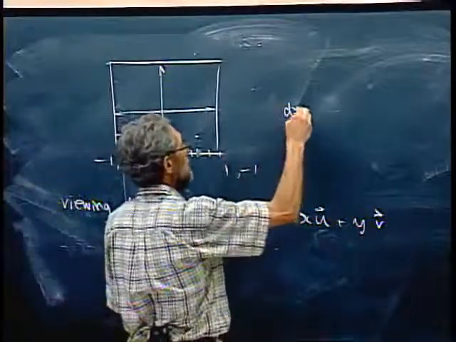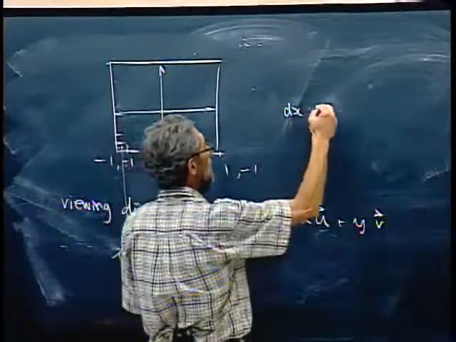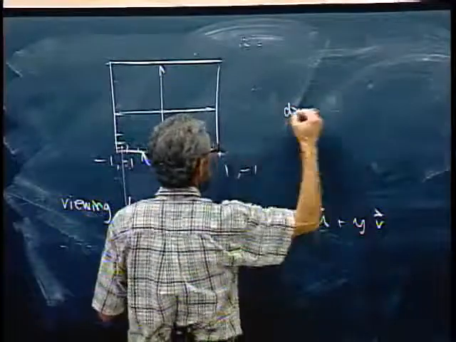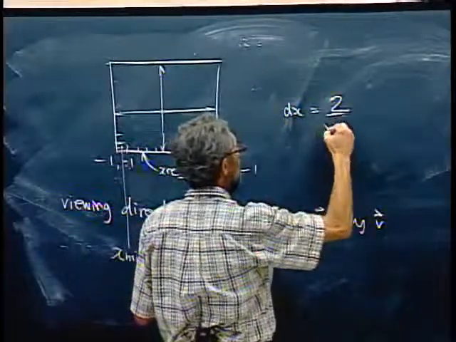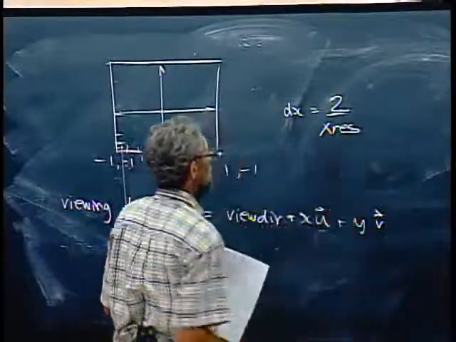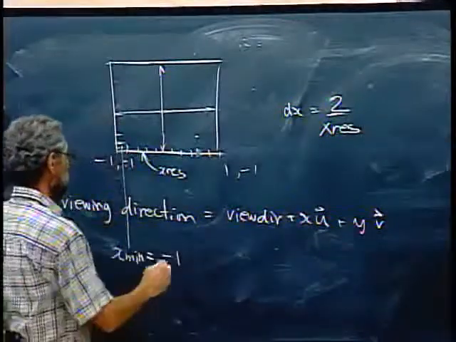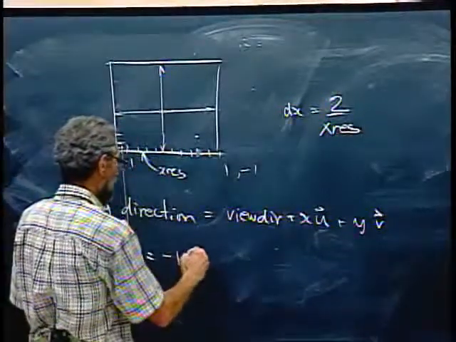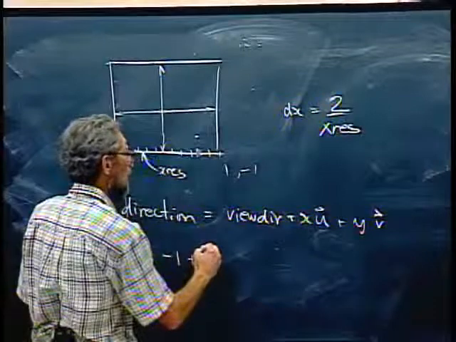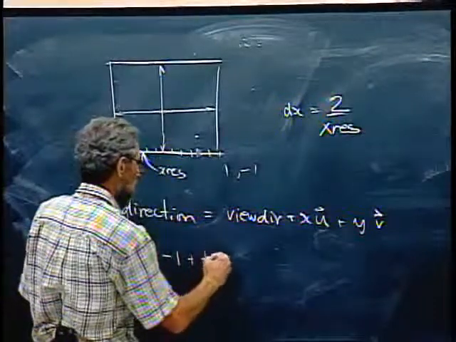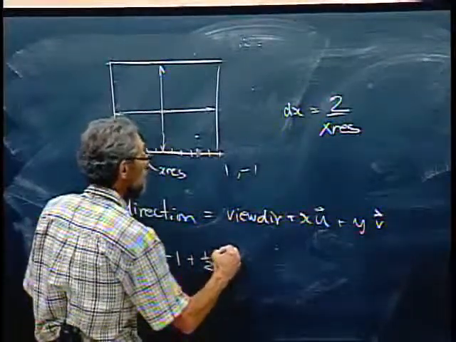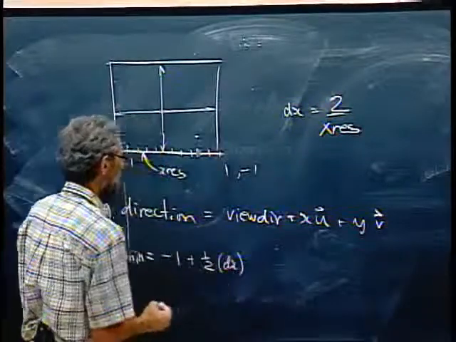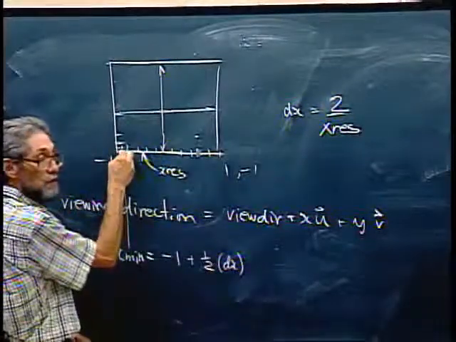So dx, the width of the pixel, is the total width over the x resolution, and x min is -1 plus 1/2 of dx, because you're only going halfway across the pixel.